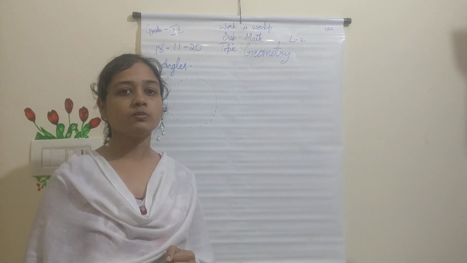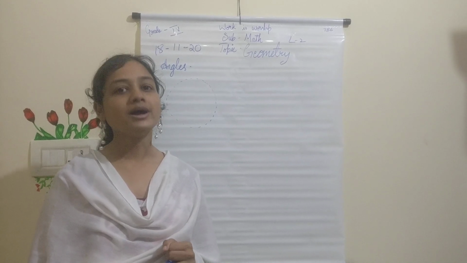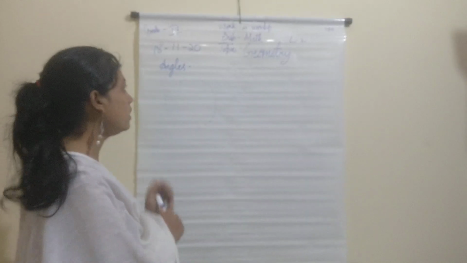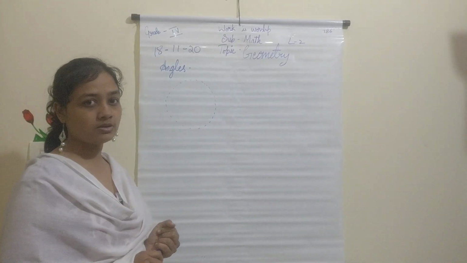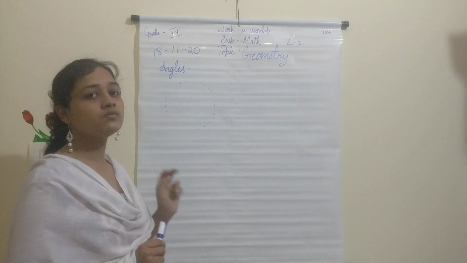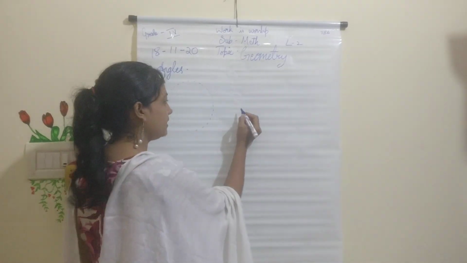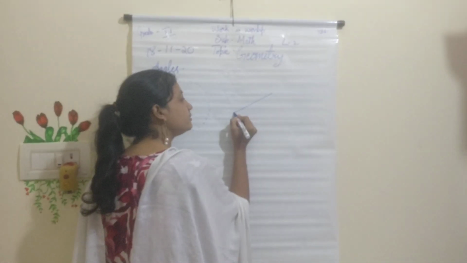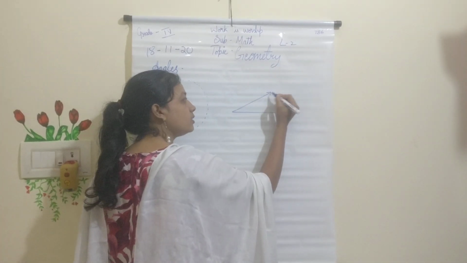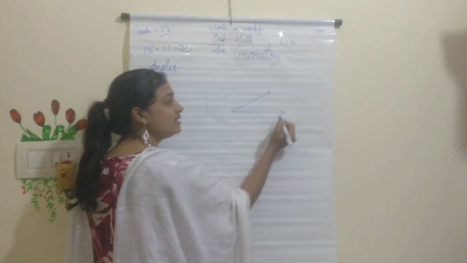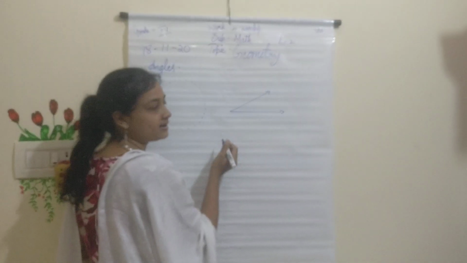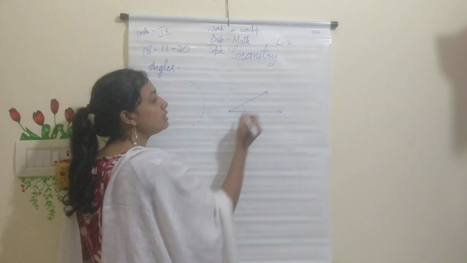In today's video, we will be learning something called angles. So, what are angles? For finding angles, we need two rays, when two rays meet at a point. So, what is a ray? A line having an arrow mark on one side. So, here you have two lines.